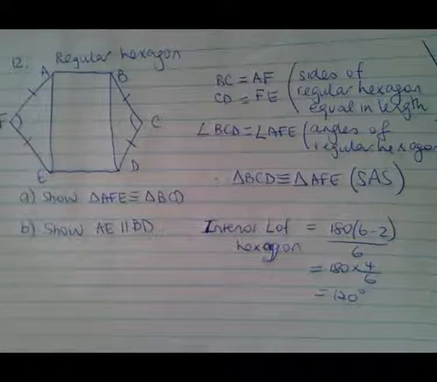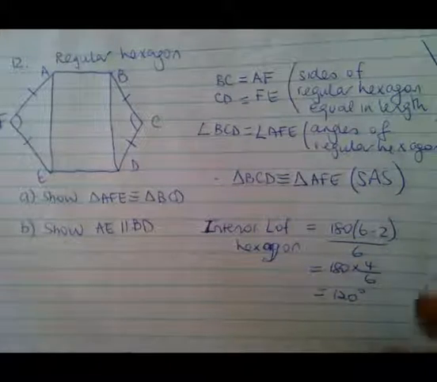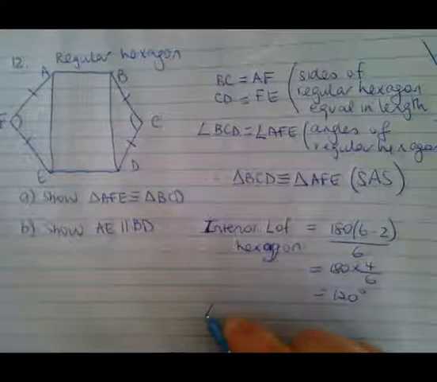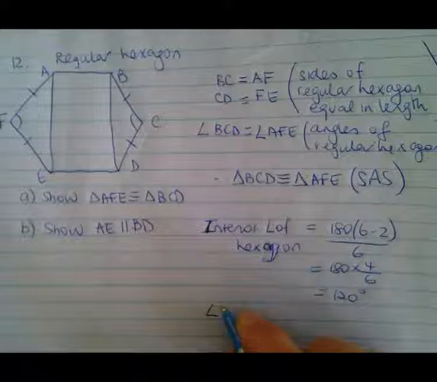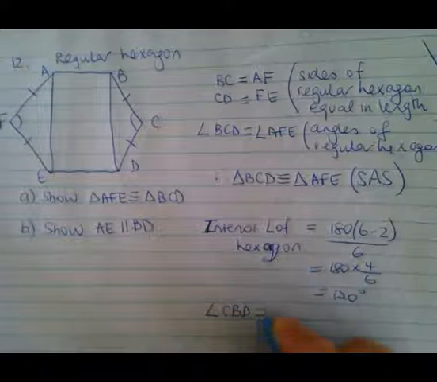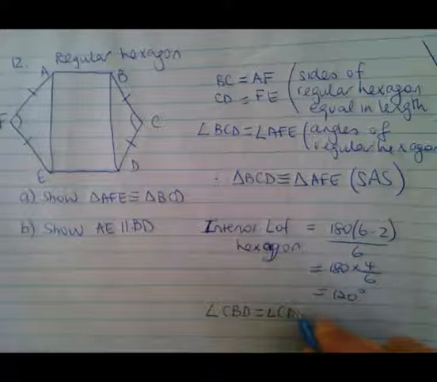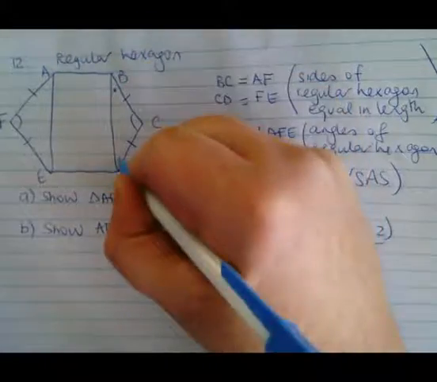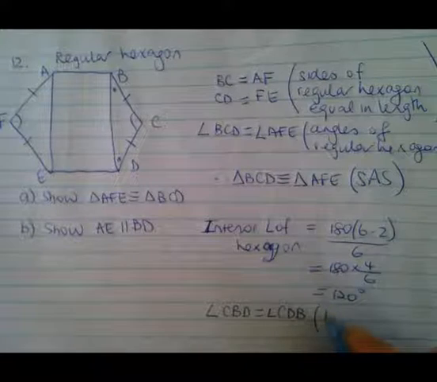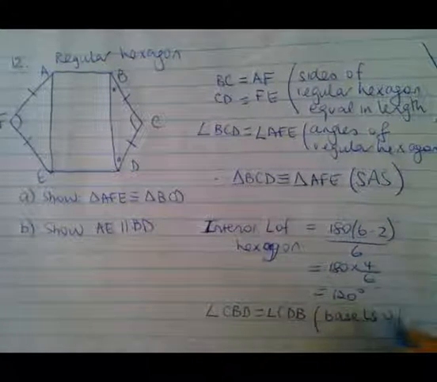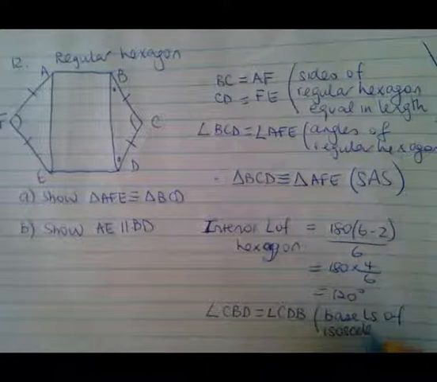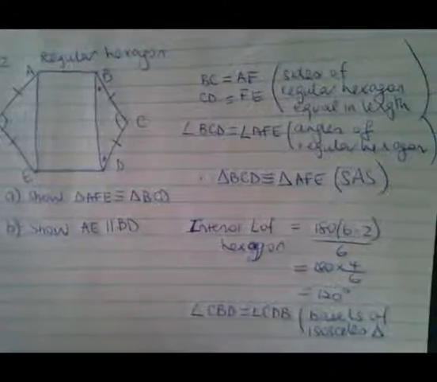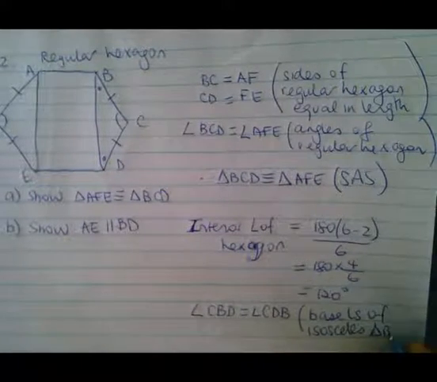Okay, so why don't we work out the size of angle CBD equals angle CDB. Why do those two angles equal each other? Base angles of isosceles triangle BCD.